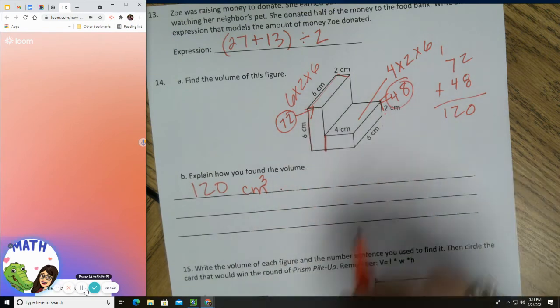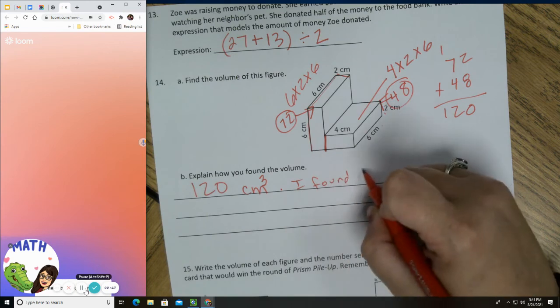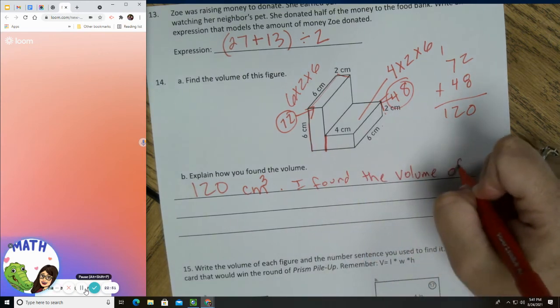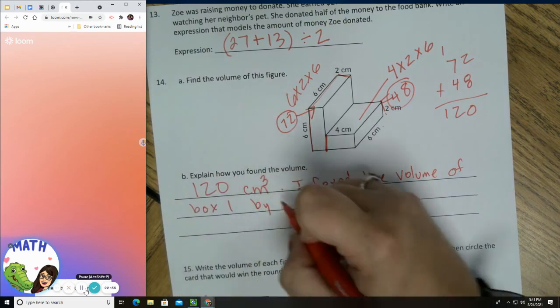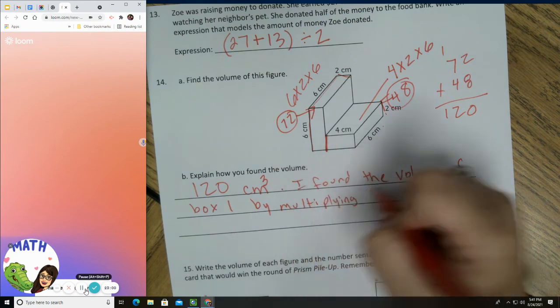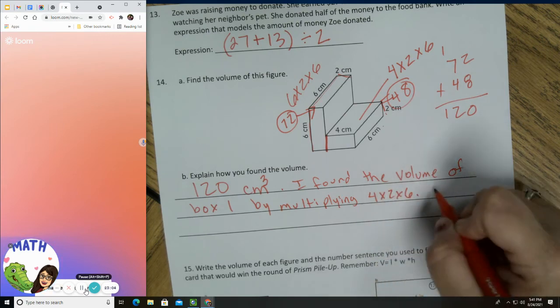How did you find the volume? I found the volume of box 1 by multiplying 4 times 2 times 6.